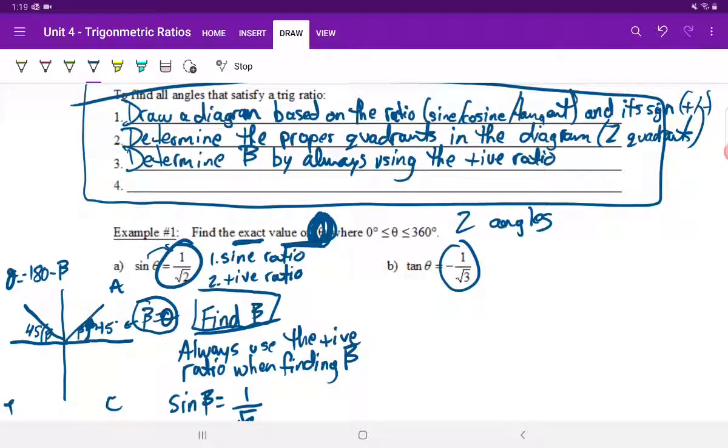We're finding the related acute angle that's in the first quadrant, and then from there we're applying afterwards how to find theta. So our last step is determine the principal angles, theta, depending on the quadrant that you're in. It's always going to be different, how you find theta.